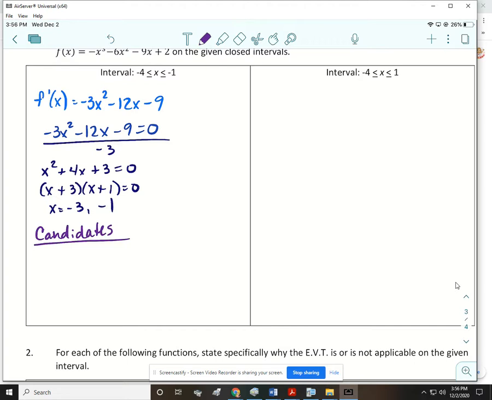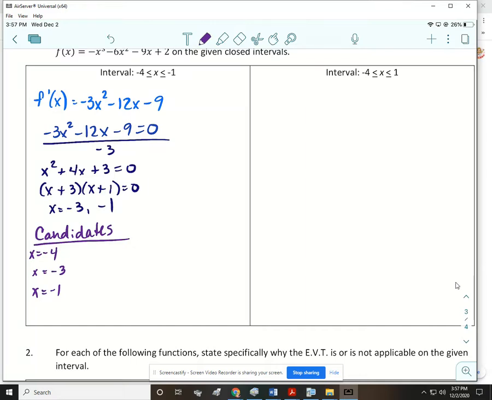And so the endpoints are at negative 4 and at negative 1. And then we also have our critical numbers where the derivative was 0, and that's at negative 3 and negative 1, which are already listed as an endpoint.